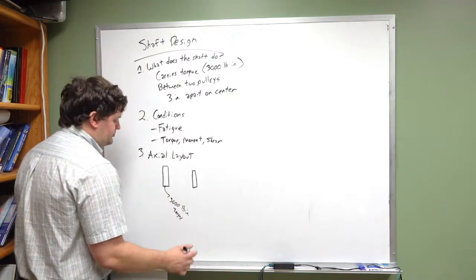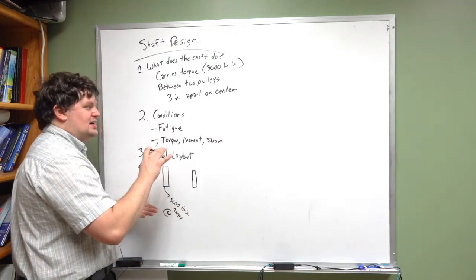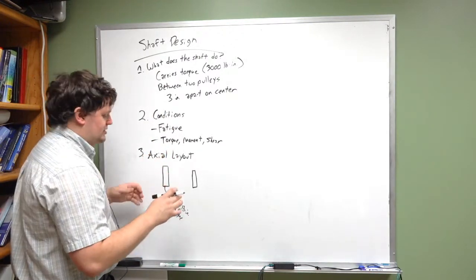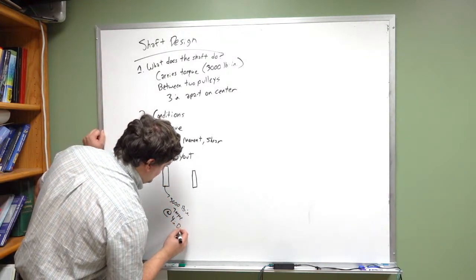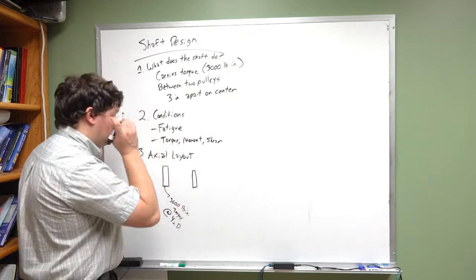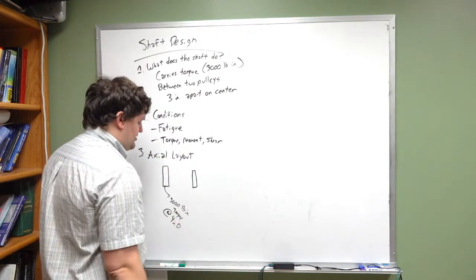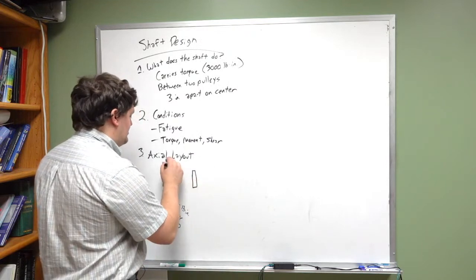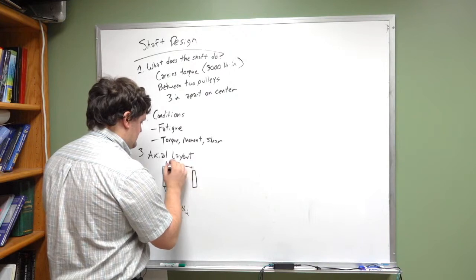And let's say this is going to be at a pulley diameter of 4 inches. Okay? And we have to transmit this 3,000 pound-inch torque to another pulley where this distance here is 3 inches. Okay?